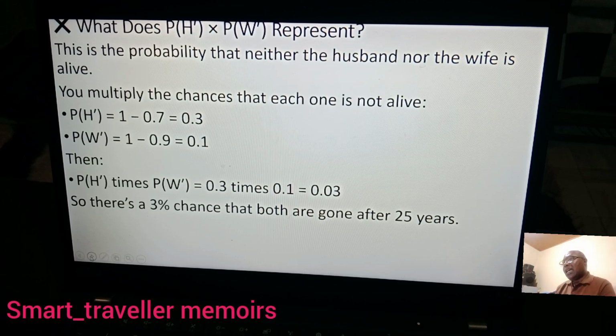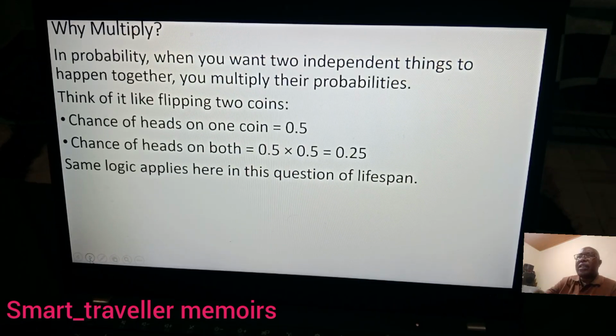And since we know to be alive, the person has a probability of 0.7, we subtract. And similarly, we do the same to the wife, which is 1 minus 0.9, which is equal to 0.1. Then pH prime times PW prime is equal to 0.3 times 0.1, which is 0.03. So there is a 3% chance that both are gone after 25 years. They will be dead.